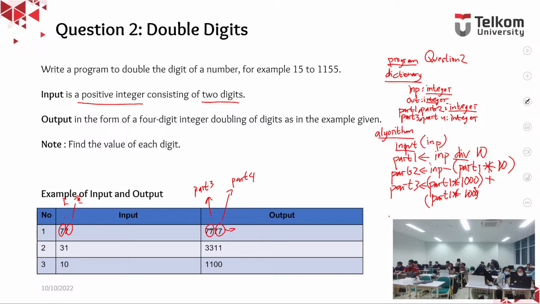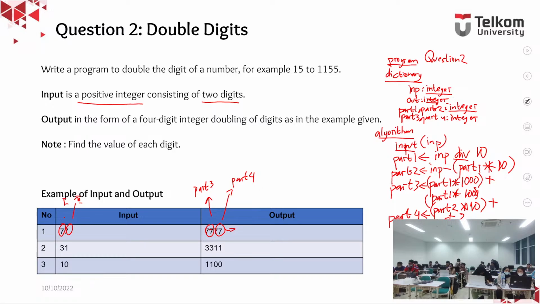Then part 4 is part 2 multiplied by 10 plus part 2.